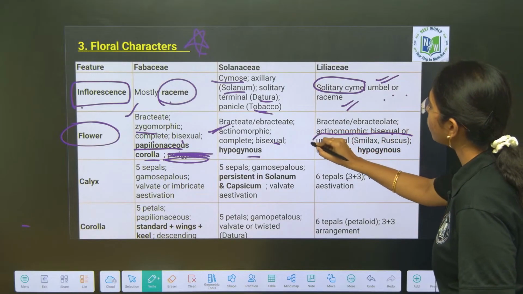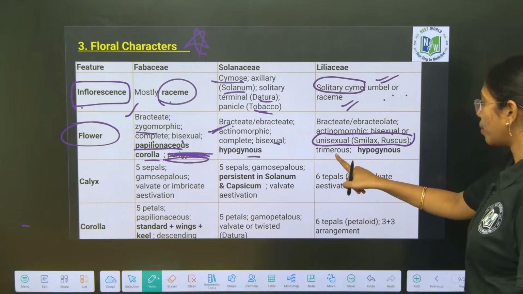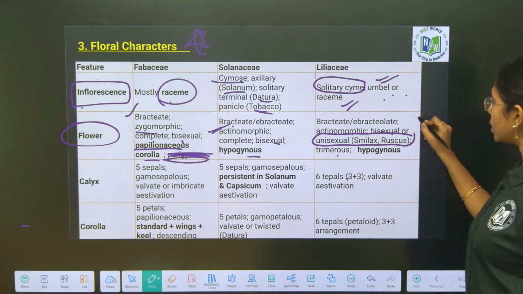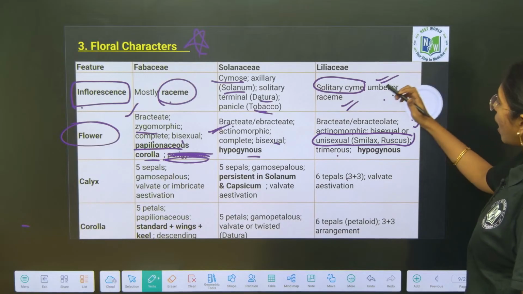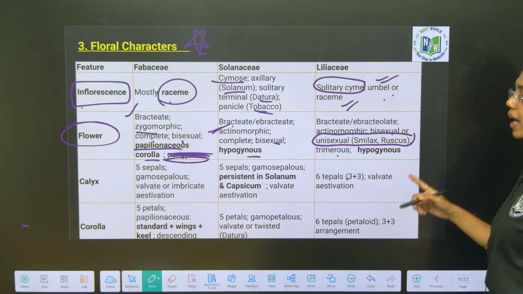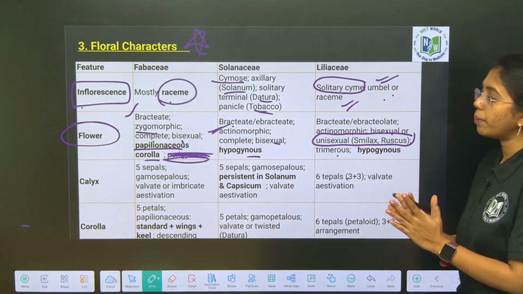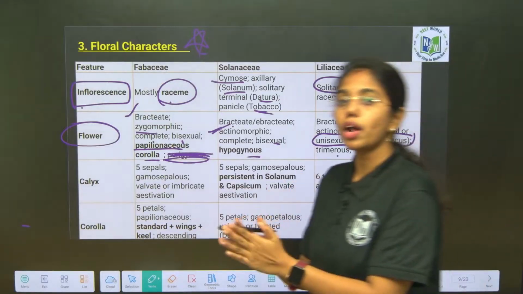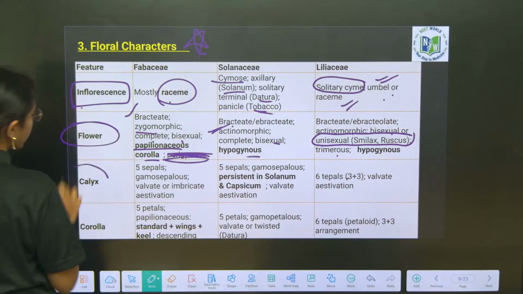For unisexual, again you have to remember the examples, that is Smilax and Ruscus. Trimerous means it has 3 perianth or multiples of 3, 3 plus 3, and it shows what type of flower? Hypogynous flower. Liliaceae flowers are hypogynous only, you remember that. So, with flower and inflorescence you are clear, no?